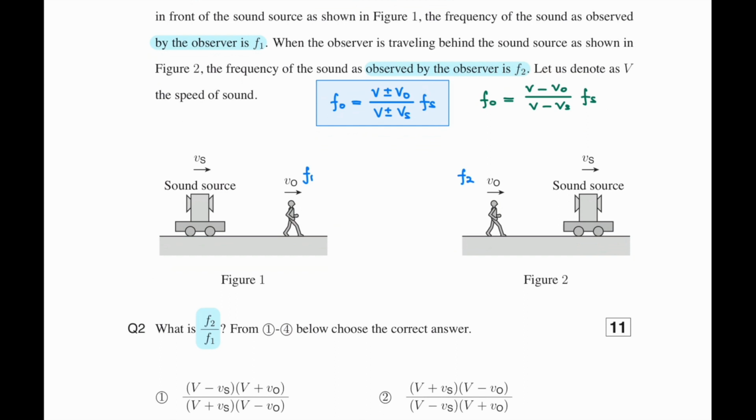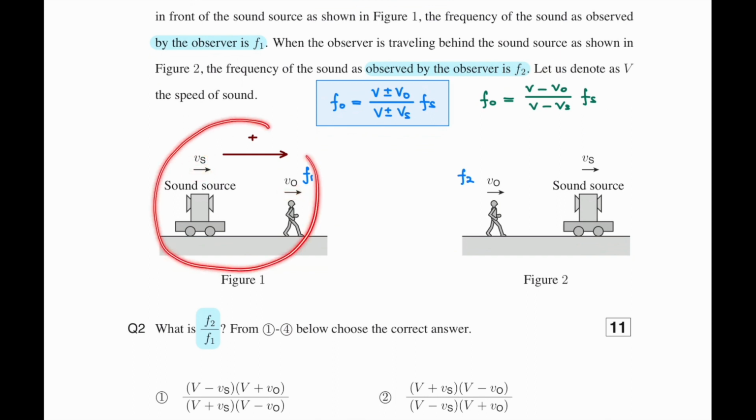For example, for figure 1, the direction from source to observer is always assumed to be positive. So this is the positive direction of velocity. This is positive. So when Vs is to the right, that means Vs is positive. VO is also to the right, that means VO is positive.